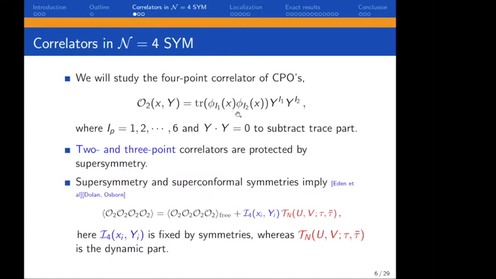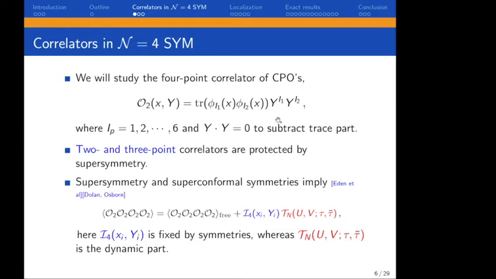However, it's convenient to get rid of this SO(6) index by contracting it with a kind of polarization vector we call y, which is null. So to make it null is basically to subtract the trace part of this operator.